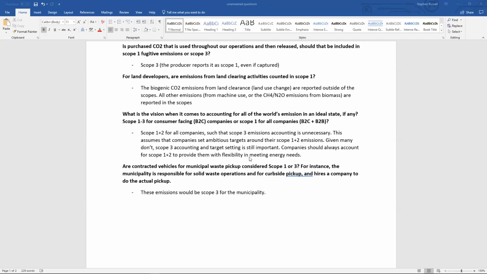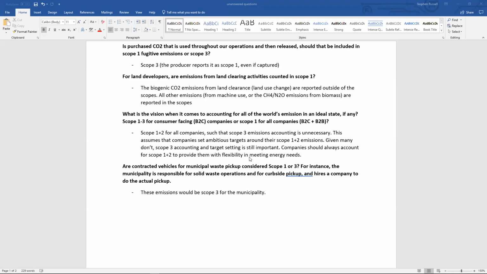But here are the questions. So one question was around purchased carbon dioxide. The second question here relates to the emissions from land clearing activities. And let's talk about land use change more generally here. The biogenic CO2 emissions from land use change are always reported outside of the scopes.